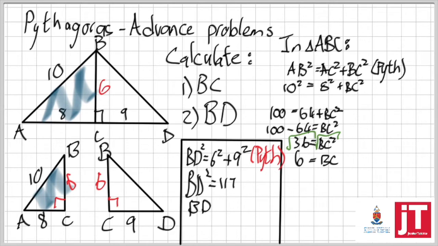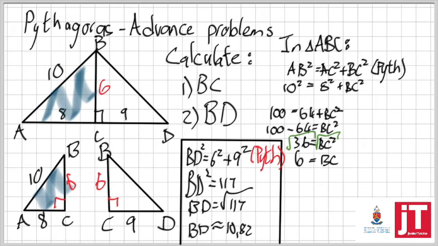BD squared is 117 because 6 squared is 36 and 9 squared is 81. So BD is the square root of 117, which is approximately 10,82 units long. Ta-da! There, I've done it.